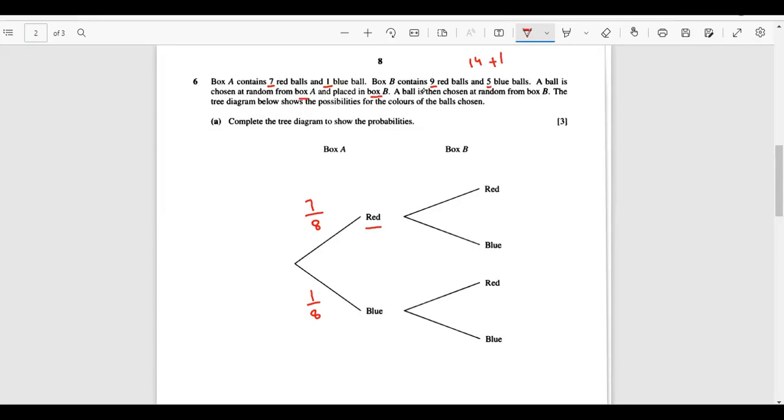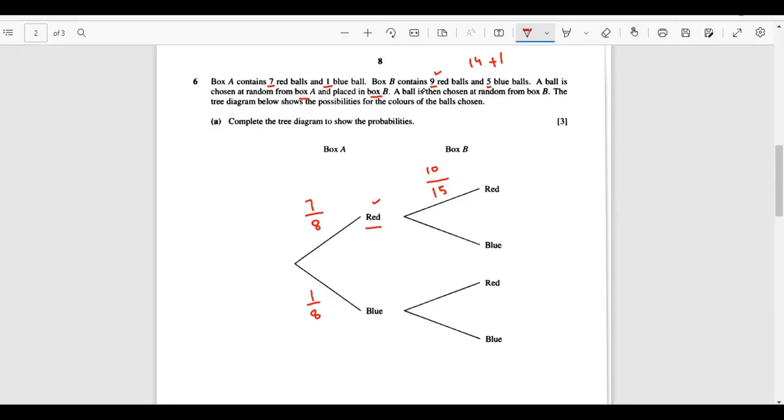So if it was a red ball, we'll take it out and put it in box B. Box B initially had 14 balls only, and now it would have 15 once I've placed a red ball in it. Initially we had 9 red balls, but if in box A I got red, and I have placed that red ball in box B, now it would be 10 by 15. And for the blue, can anyone tell me what would be the probability? 5 by 15.